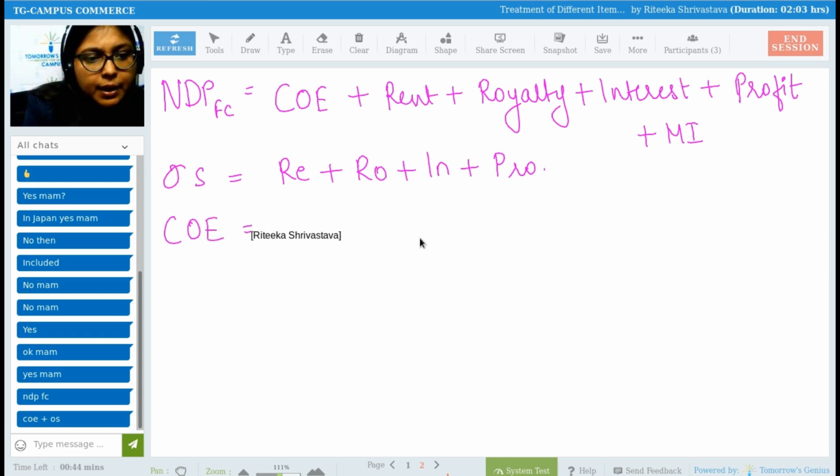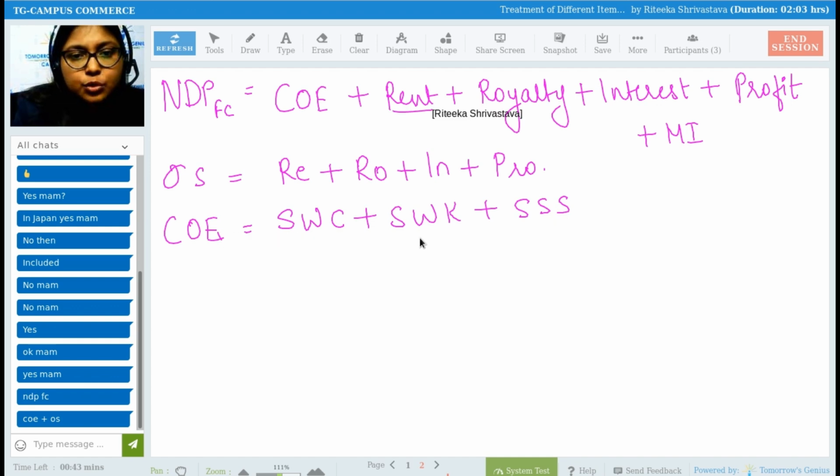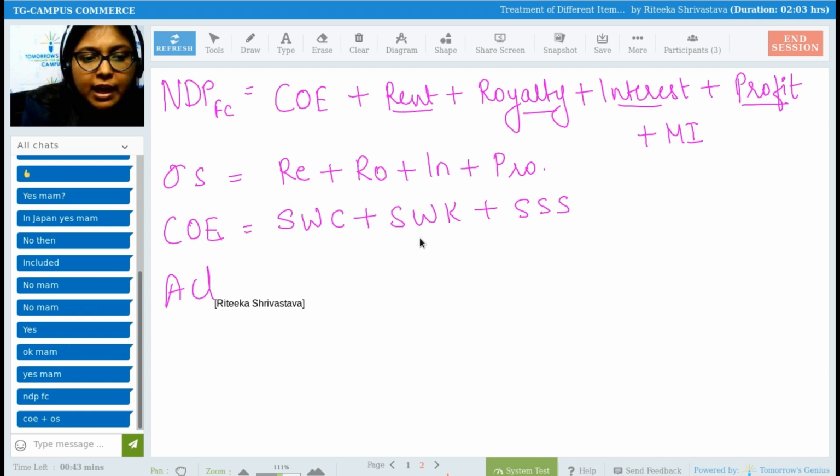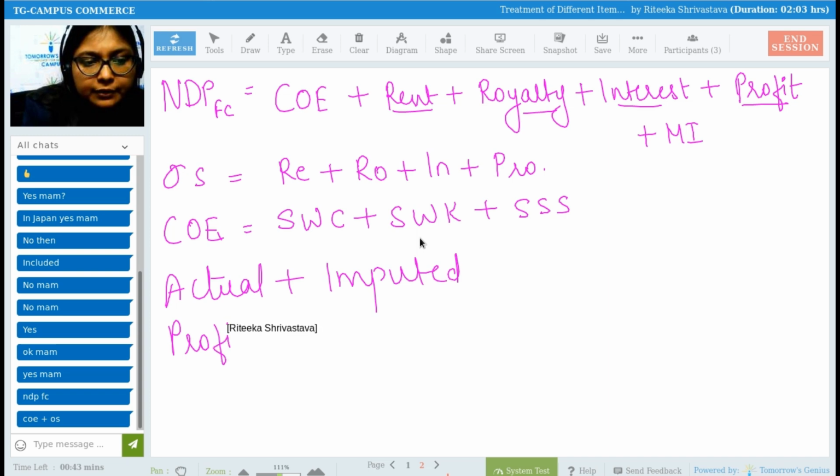COE, what are the subparts of COE? Salaries and wages in cash, salaries and wages in kind, social security scheme. When it comes to rent, royalty, interest, profit, we are going to take both the values, actual value plus imputed value. Profit, what are the subparts of profit?